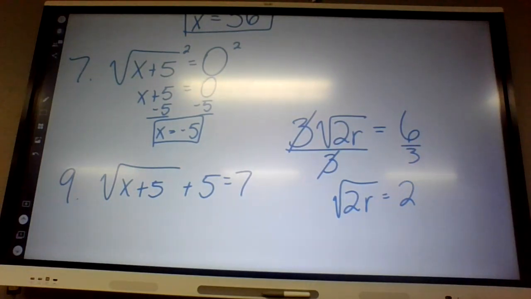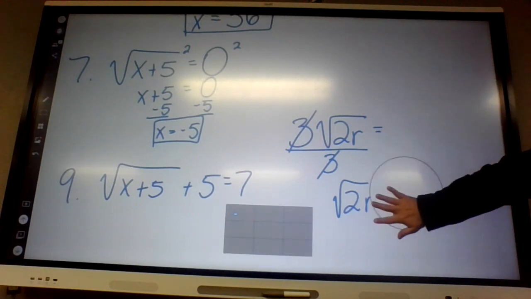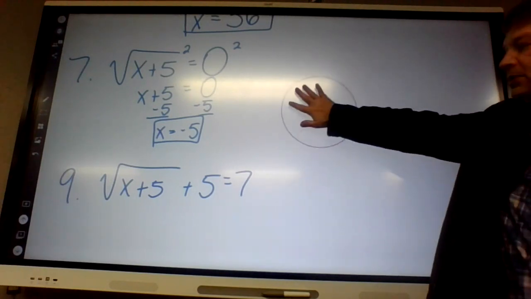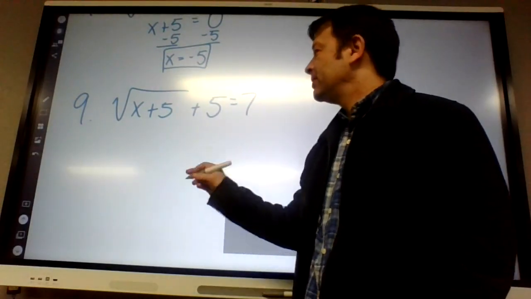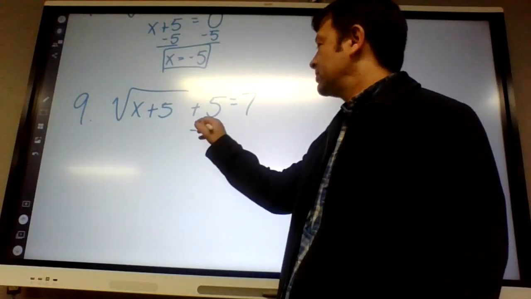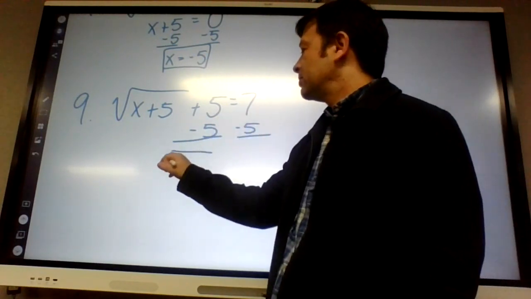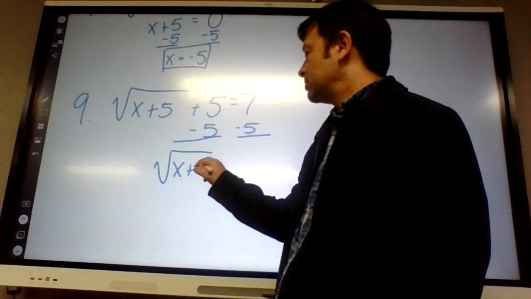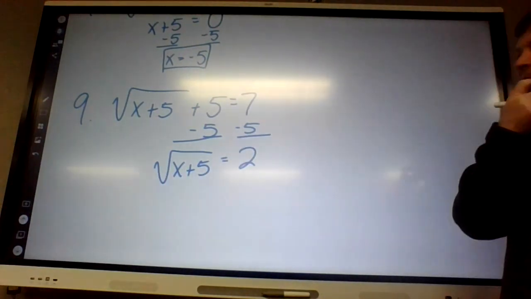Okay, remember how I said we want to get the square root by itself first, so we can use this square trick. So how would I get the square root by itself? Minus 5. Now what do I do?